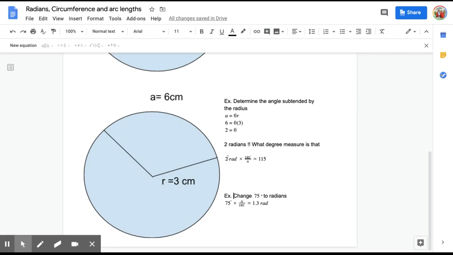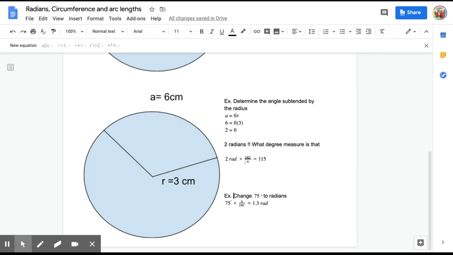But if we take 2 radians and we want to change it to degrees, we make use of the conversion factor that 180 degrees and pi radians are equal to each other. So what we do is kind of like a chemistry concept or a science concept where if we're working with a unit and want to change that to another unit, we're going to cancel that unit out by dividing similar units. So we have radians here and pi is radians.